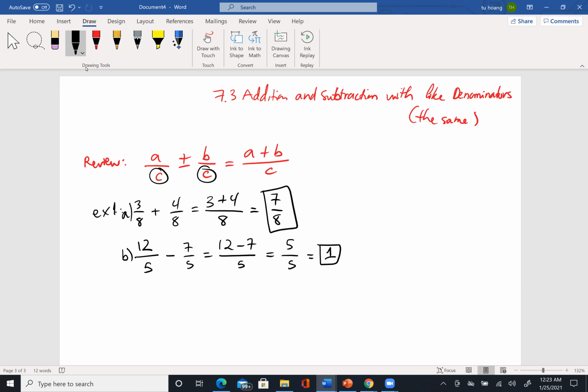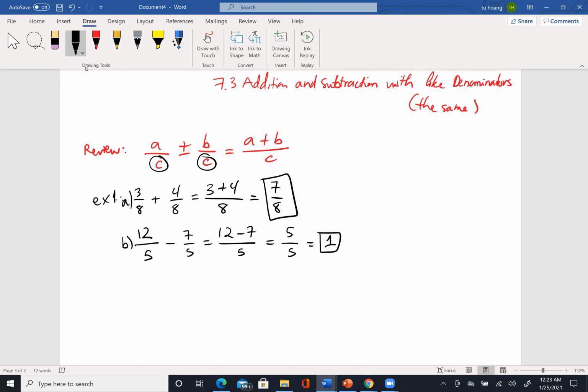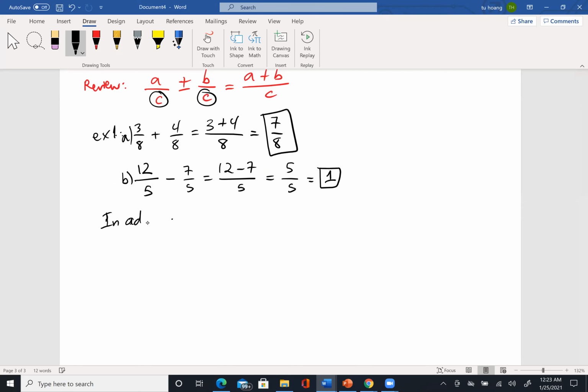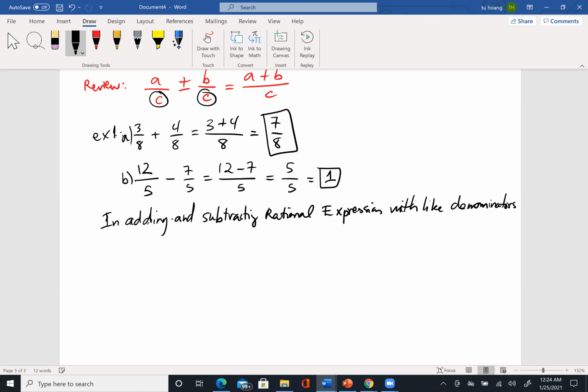Let's move to the next page. So in adding and subtracting rational expressions with like denominators, okay, let me see.